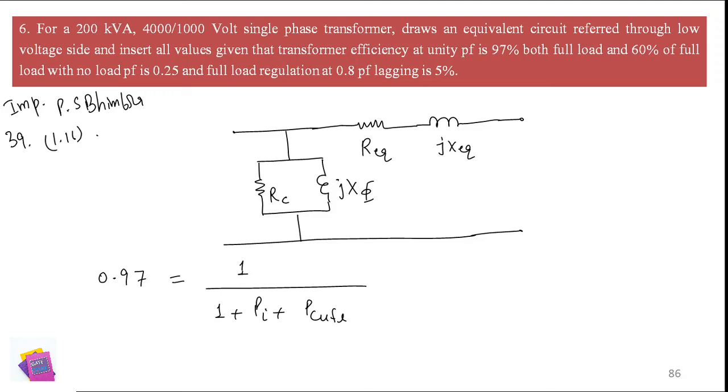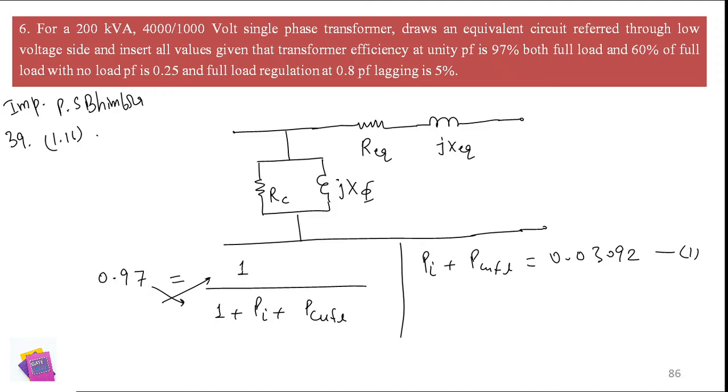So from here you can get one equation after cross multiplying: Pi plus P copper full load equal to 0.03092. I am solving this numerical in per unit. So equation number 1. The efficiency is 97% at unity PF, both at full load and at 60% of full load.